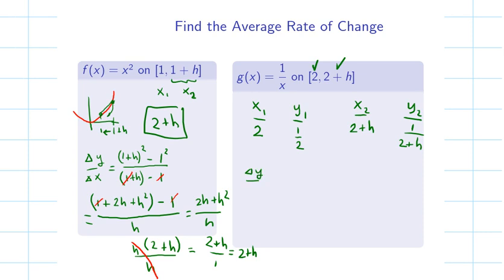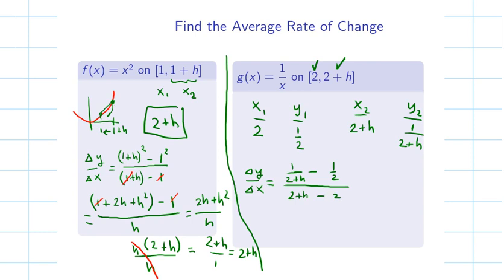And delta y over delta x, I'll draw a line down the middle here, is going to be the new value, 1 over 2 plus h, minus the old value, 1 over 2, divided by the new value, 2 plus h, minus 2. And it's never a bad idea to use parentheses.